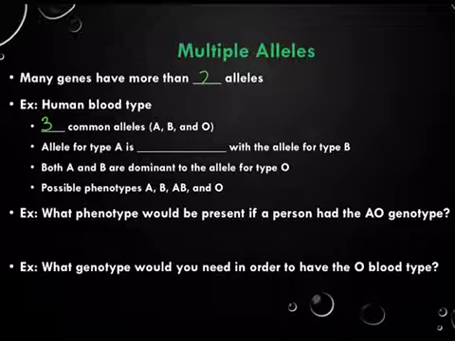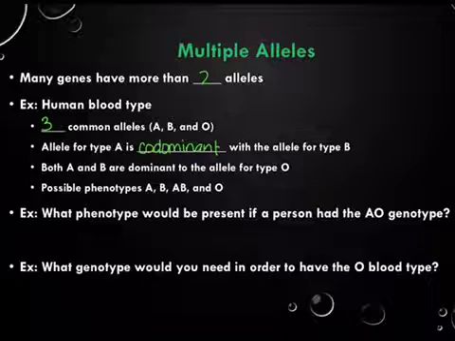The allele for type A is codominant with the allele for type B blood, and both A and B are dominant to O. So we have 4 possible phenotypes. You could be type A blood, type B, AB, or O.